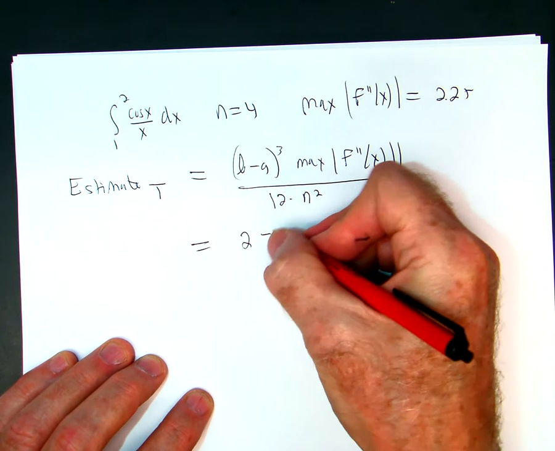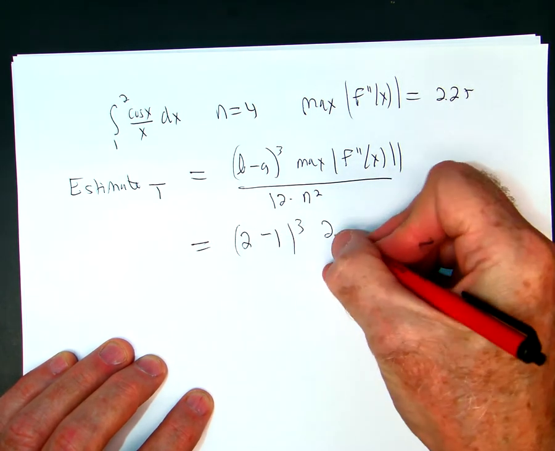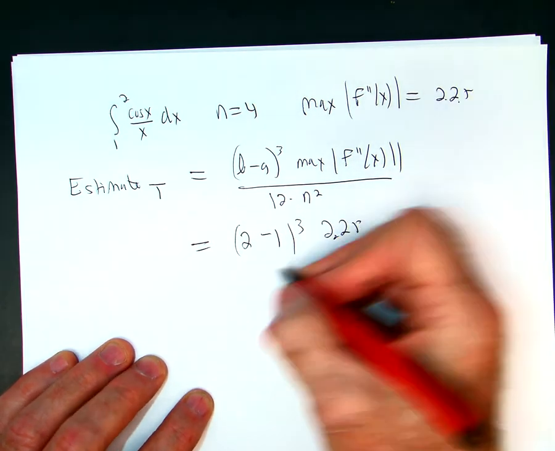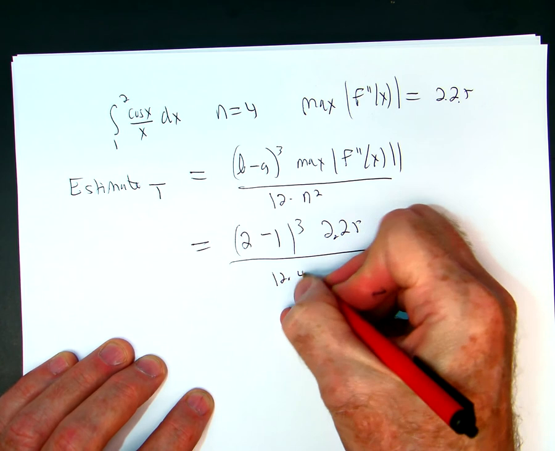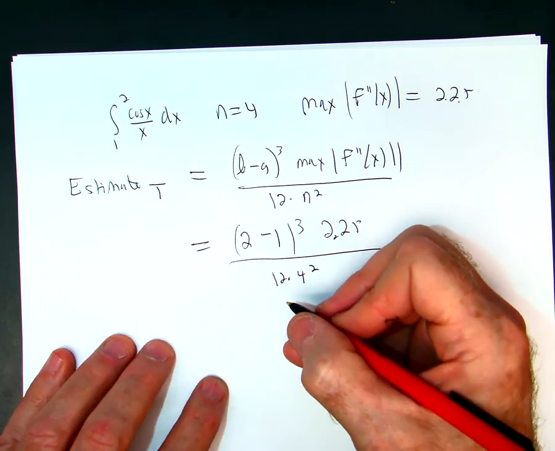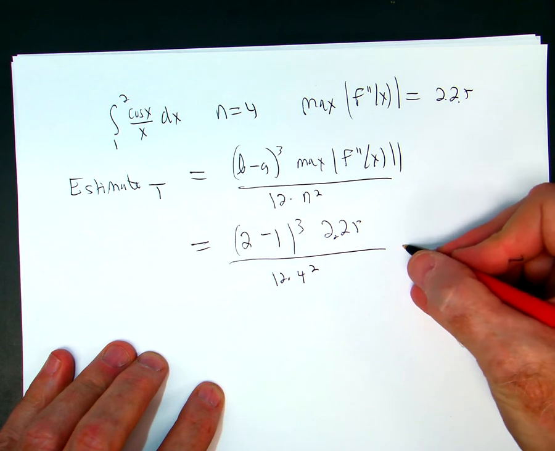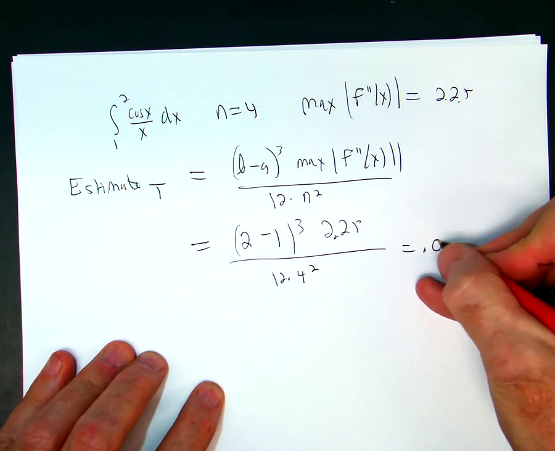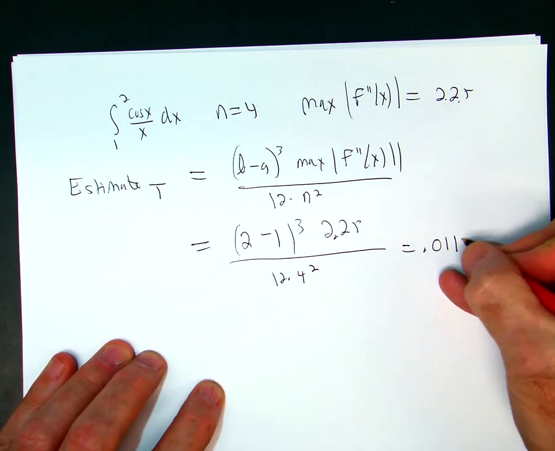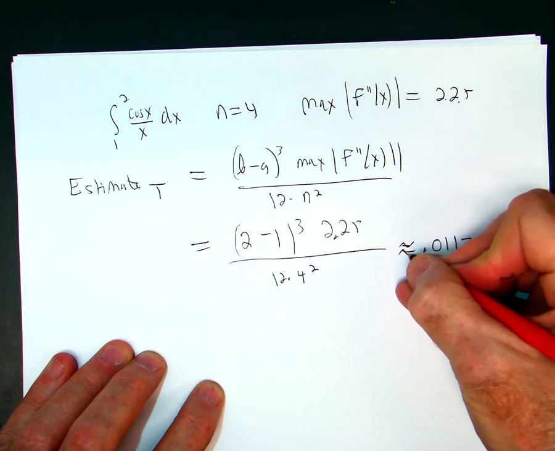So 2 minus 1 cubed, times 2.25, over 12 times 4 squared. And when I do the work here, I get about 0.0117, so that's an approximation.